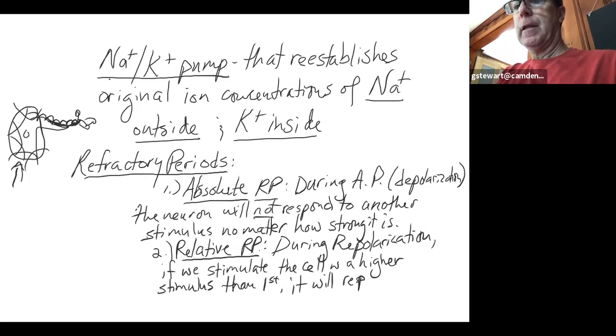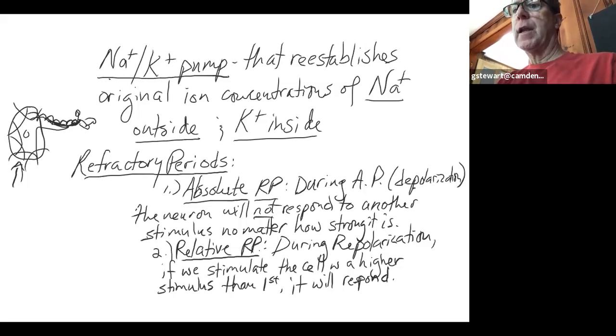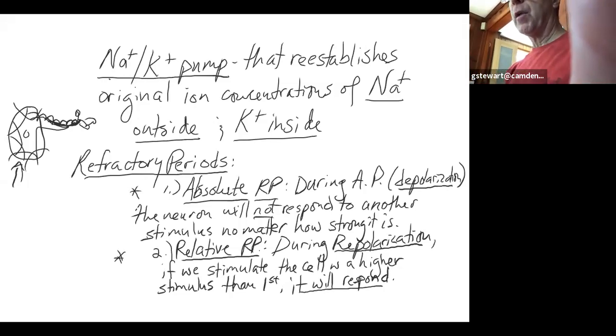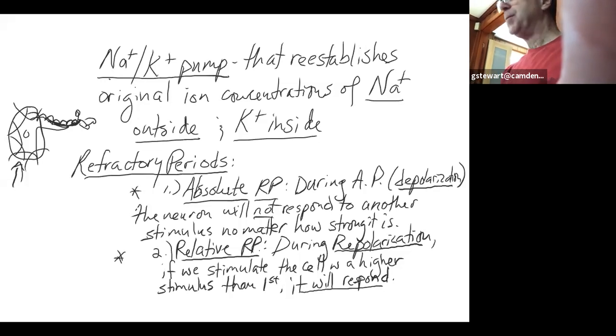So during depolarization, during an action potential firing, no matter what we do to the cell as far as stimulating it, nothing will happen. It won't fire another action potential. However, during repolarization, when the sodium gates are closed now, and when potassium gates start to open, if we stimulate the cell again with a stronger stimulus than the first one, it will fire another action potential during repolarization. So that's the difference between absolute refractory period and relative refractory period.